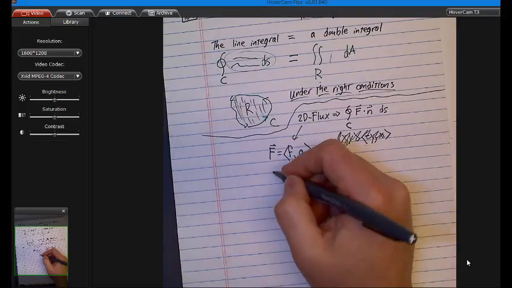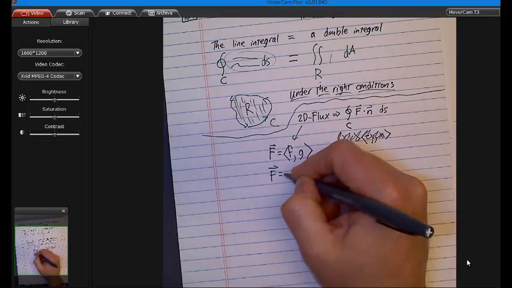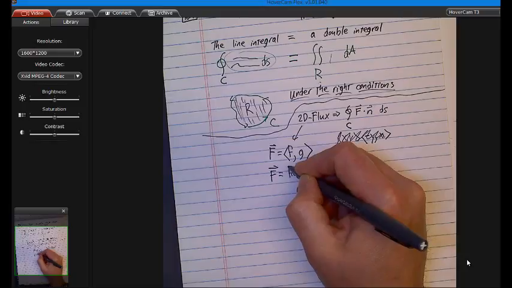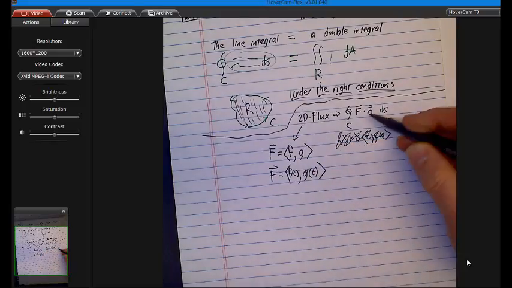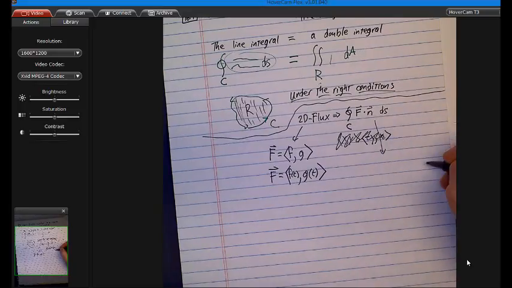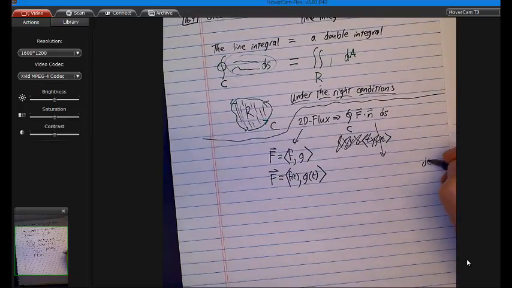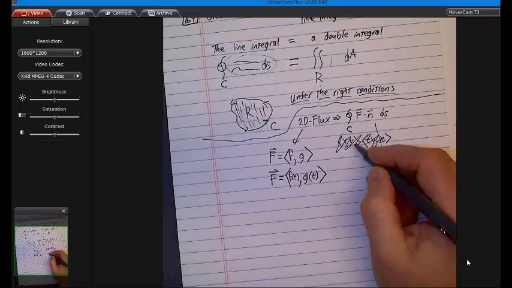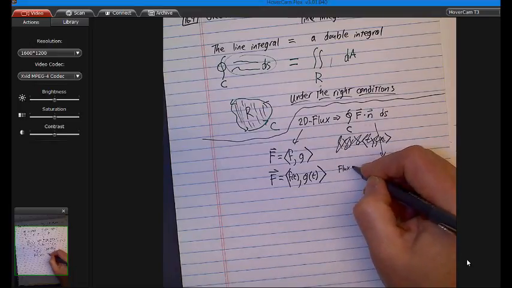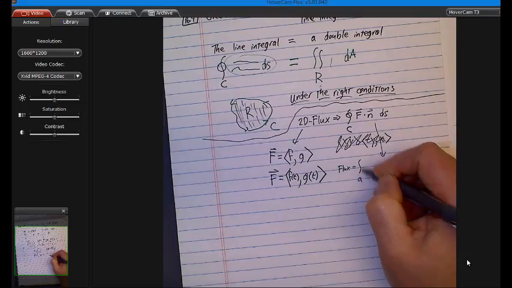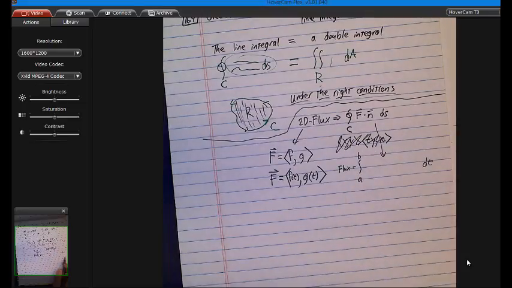Hopefully I can write F as a function of t and G as a function of t. Because in order to compute this, we're going to write dt, and we're going to say that the flux is the integral from A to B, where you have some parameterization, right?